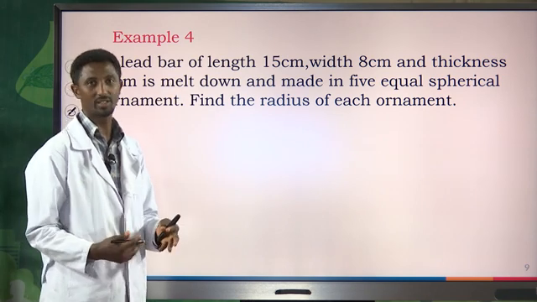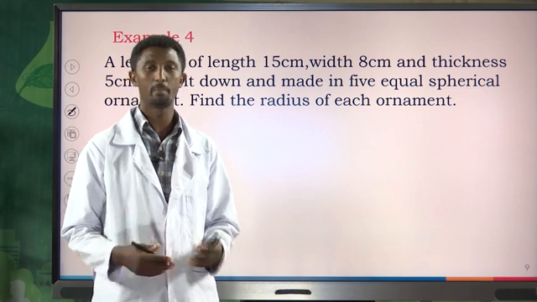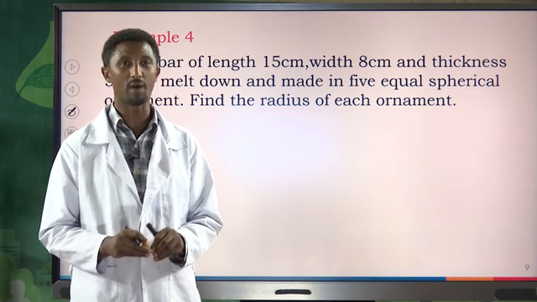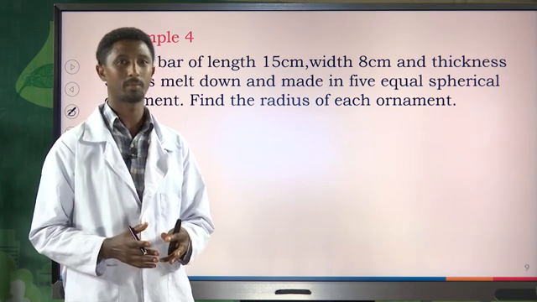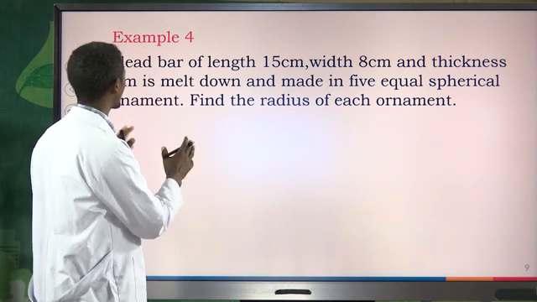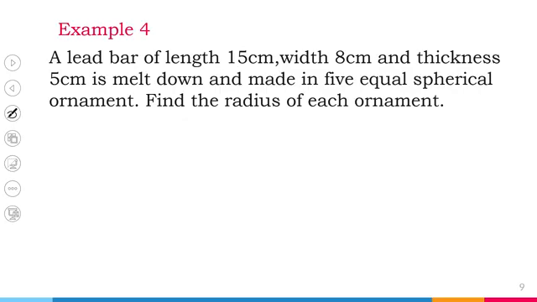When an object is melted down, it may change its shape, but the volume of that object is still constant, or the same. So after this rectangular bar is melted down into 5 equal spherical ornaments, the volume of the rectangular bar equals the volume of these 5 spherical ornaments.